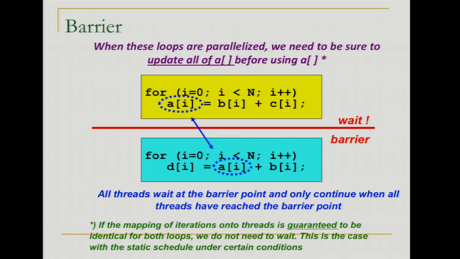The values will be available. That is only guaranteed if you have a static schedule and certain other conditions apply. In particular, you have to have the same set of loop iterations. In all other cases, you don't know. So it's slightly risky to assume it; make sure that what you're doing is right.